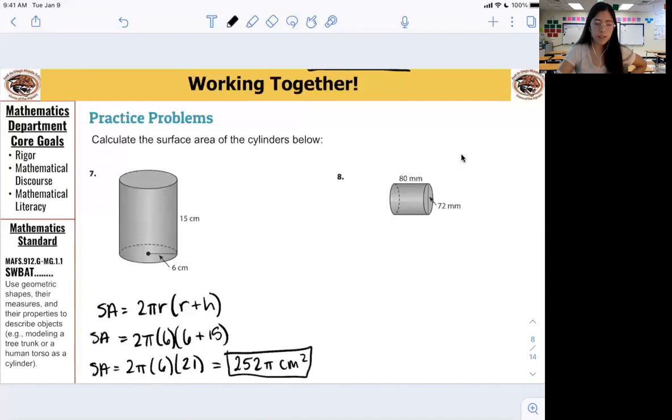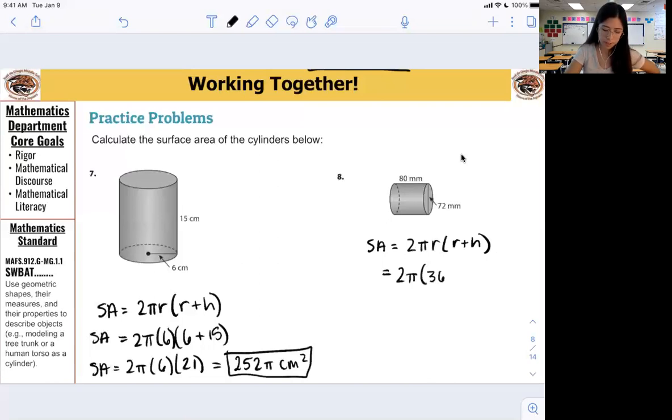Number 8, same thing. In this case, you just have to be a little careful because they don't give you the radius, they give you the diameter. So half of that is what? Good, 36. Jalen sent it privately, but 36, good.